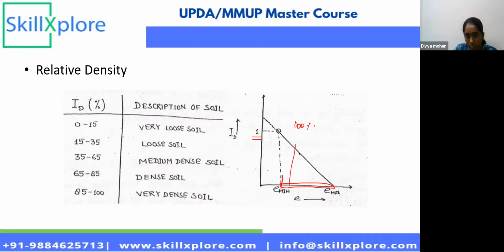However, e in the natural condition will not be in the area beyond this. So ID can take a value from 0 to 100%, but it cannot go more than 100%.